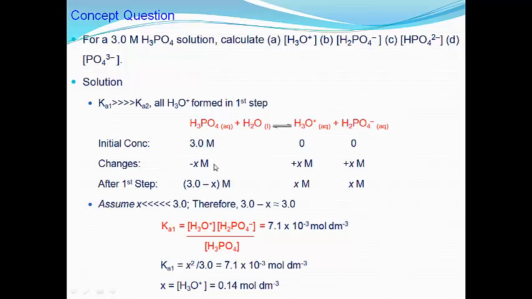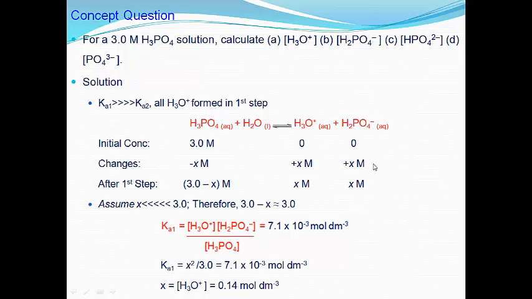But once you have the addition of the H3PO4, there is going to be some change in the concentration of H3PO4, and we give that a value x, and because it's diminished, we say minus x. Because of the 1-to-1 mole ratio, the same moles that would have been lost from our H3PO4 is equivalent to the same moles that would have been gained for our H3O+ and our H2PO4-.